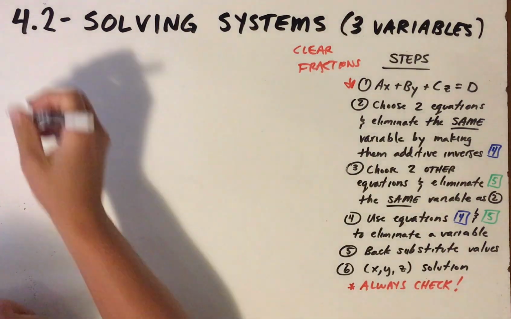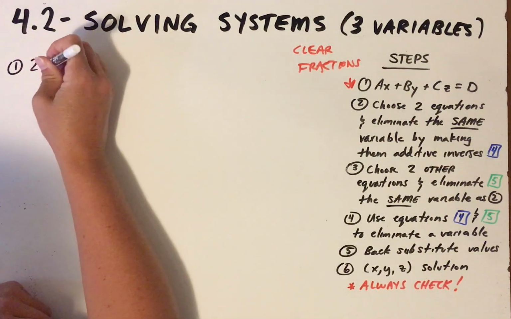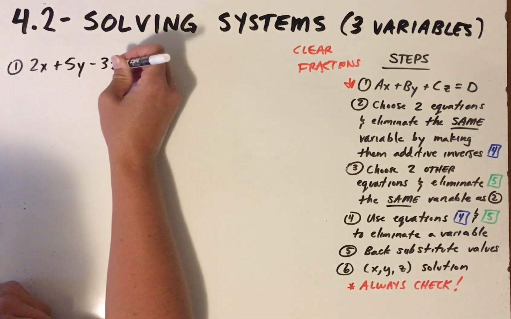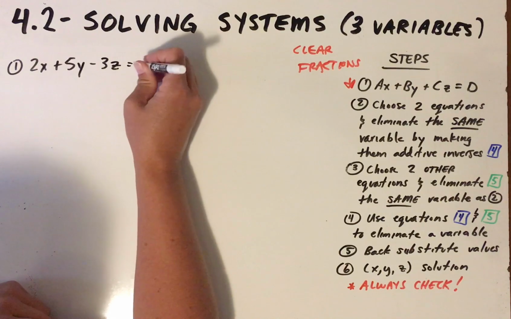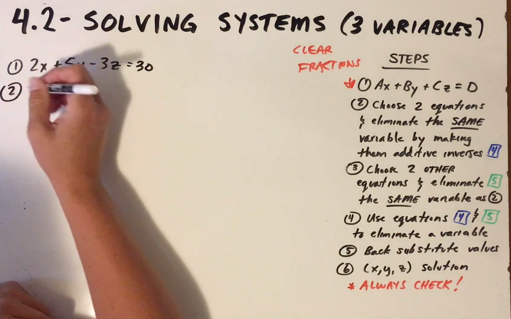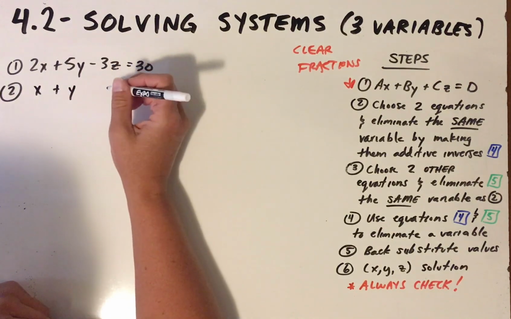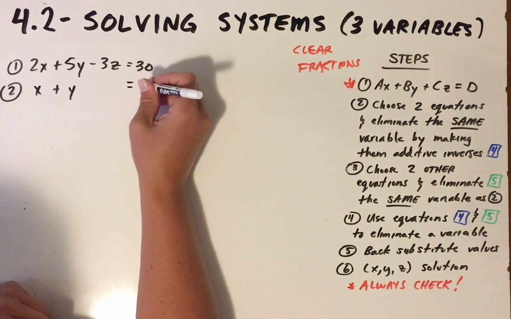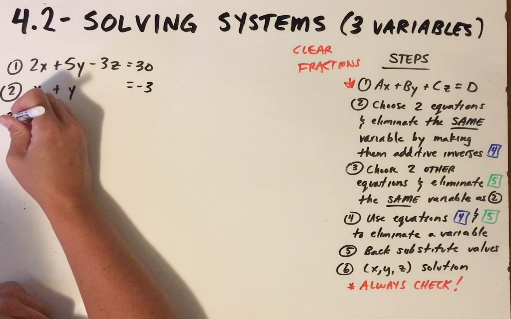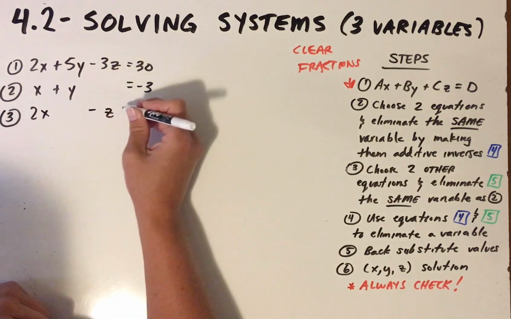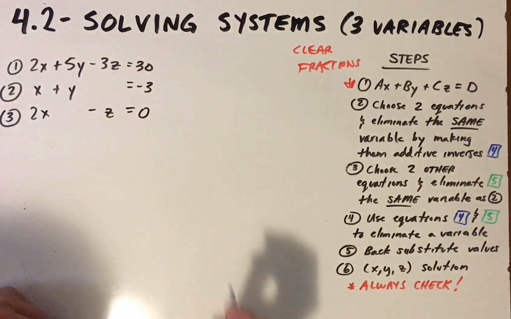So let's do equation 1 is 2x plus 5y minus 3z, and that's equal to 30. Equation 2 just has an x and a y, there's no z, what the heck, is equal to negative 3. And equation 3 has a 2x minus a z, and that's going to be equal to 0.